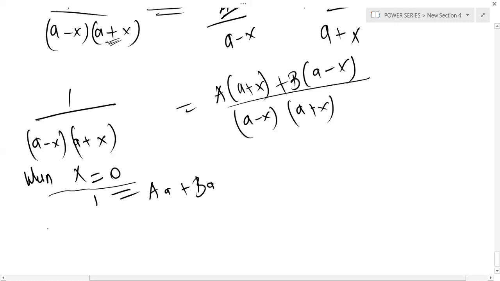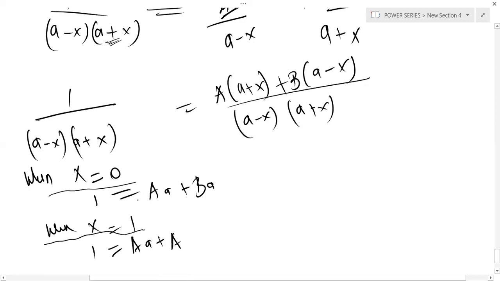Then when x is equal to, let's say, 1, what are we going to have?